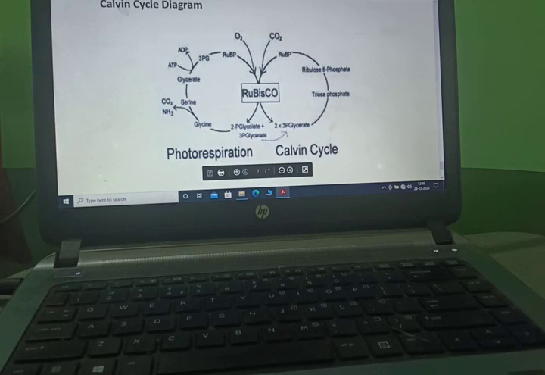Here glycine, serine, ammonia and carbon dioxide, glycerate, ATP to ADP, 3-PG, RuBP, addition of oxygen and Rubisco. Now here addition of carbon dioxide, now 2 into 3-phosphoglycerate, triose phosphate, ribulose 5-phosphate, RuBP, and here this is the Calvin cycle.